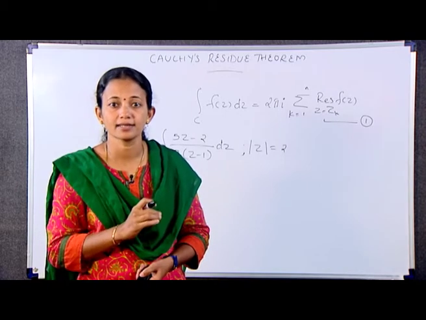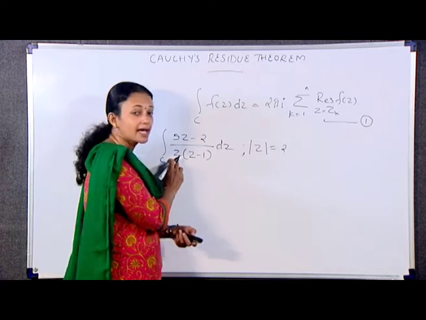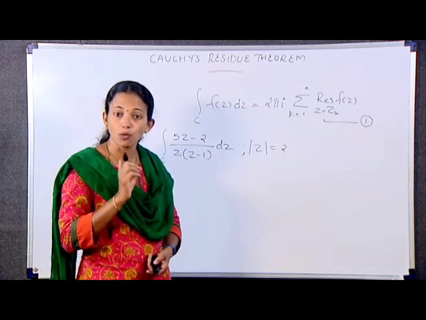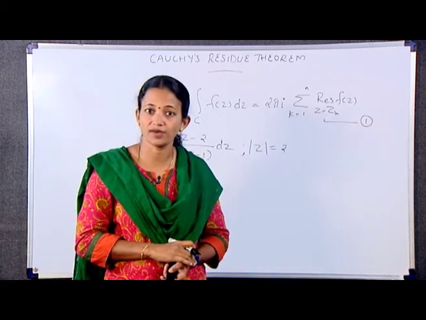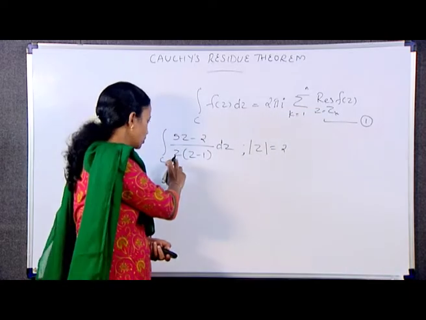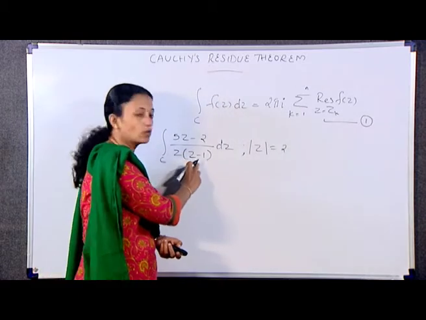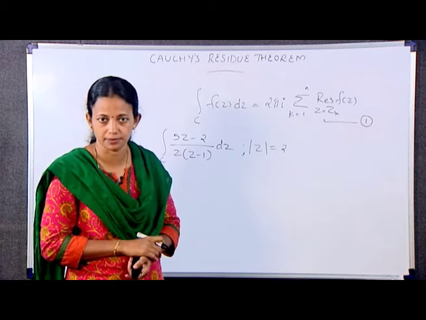The integrand has two isolated singularities, that is at z equal to 0 and z equal to 1, both of which are interior to C. We can find the residues B1 at z equal to 0 and B2 at z equal to 1 with the aid of the Maclaurin series.